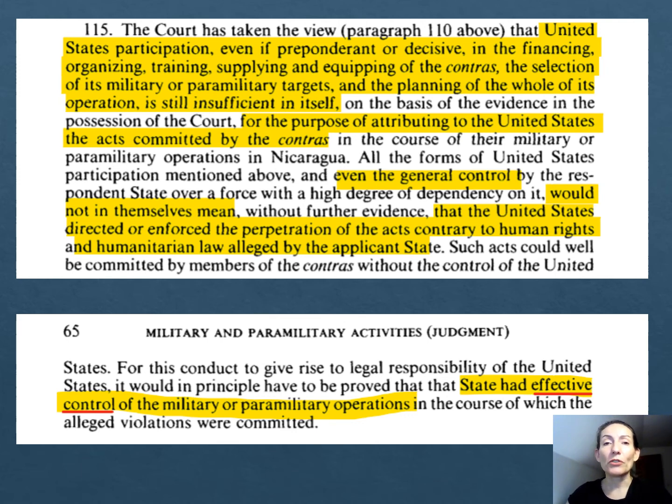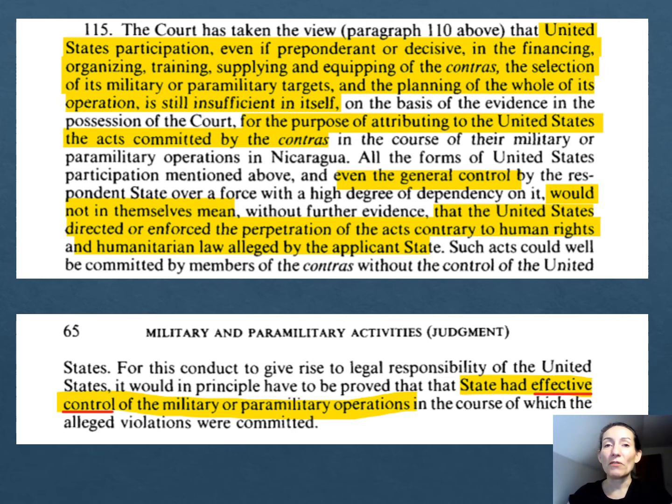I have reproduced here paragraph 115 of the judgment, which is possibly one of the most cited in international law textbooks, so you can read it yourself and see how the International Court of Justice articulated the principle.